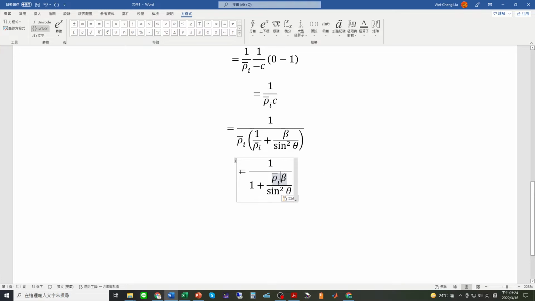This is equal to, you can see that here is a rho bar I and here is a rho bar I. So these two rho bar I's can be cancelled. So it is equal to 1 over 1 plus rho bar I times beta over sine squared theta.